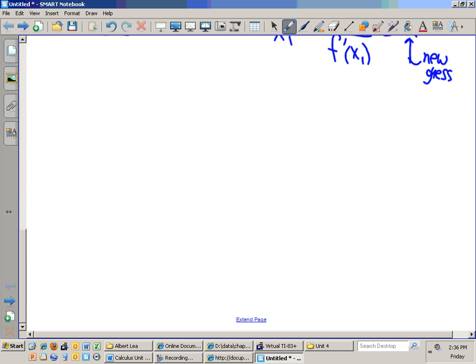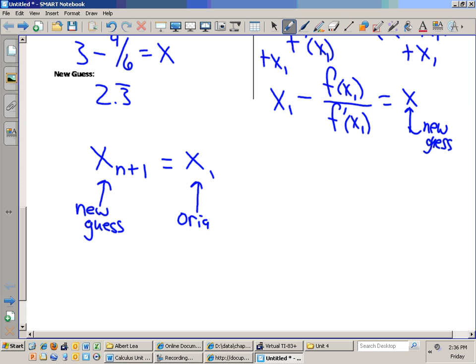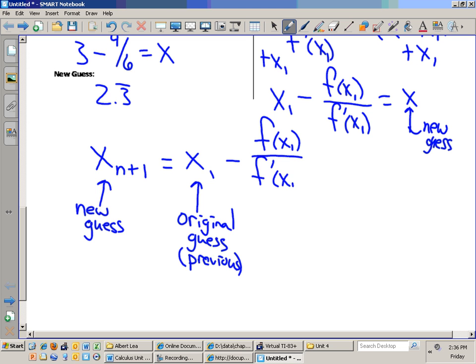So, what does that all mean? If we call our new guess x sub n plus 1, that's our better, more educated guess, that would be equal to your original guess, or your previous guess, minus the function evaluated at your guess divided by the derivative evaluated at your guess.